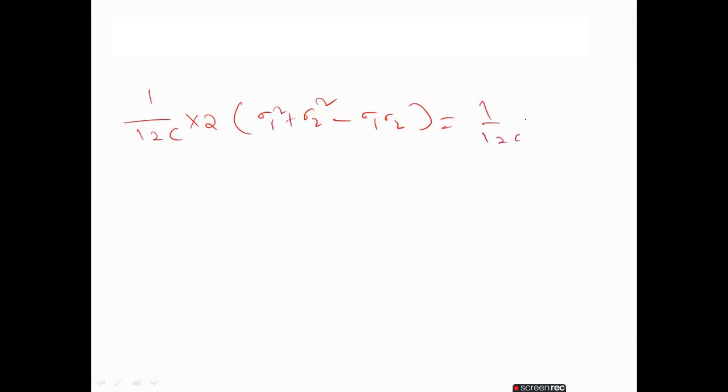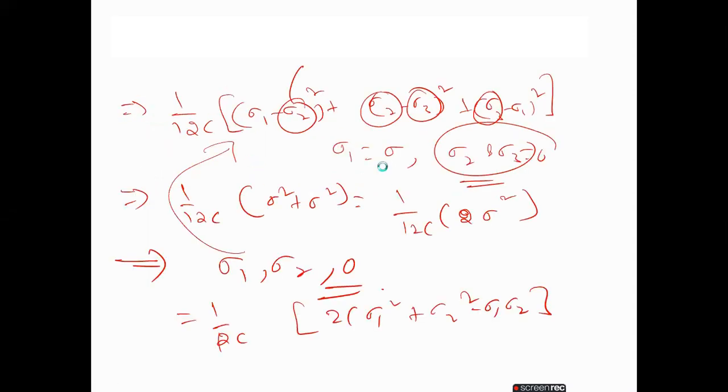So if you equate both, 1 by 12C into 2 into (sigma 1 square plus sigma 2 square minus sigma 1 sigma 2) equal to 1 by 12C into 2 sigma square. Cancelling these, the equation is like this.